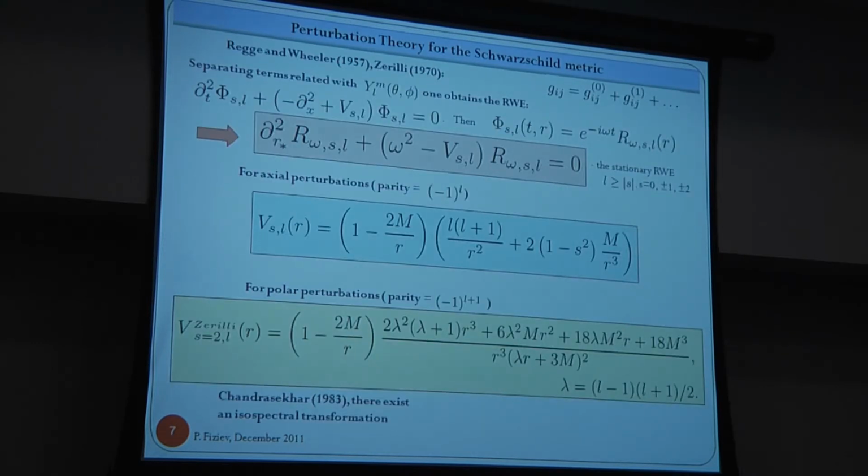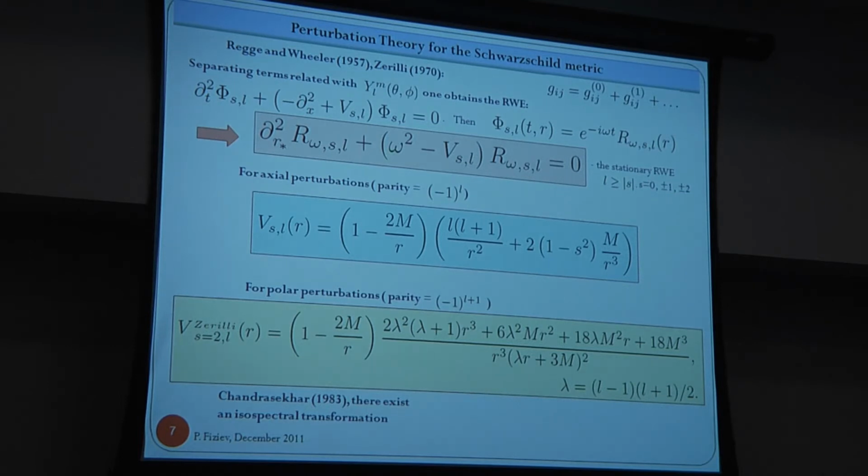Quasi-normal modes were introduced for the first time in the classical paper by Regge-Wheeler, with the famous Regge-Wheeler radial equation. Actually, they were considering first-order perturbations of the metric. And in the Schwarzschild metric, which is spherically symmetrical, you can separate the multiplier which depends on the angles, and we obtain the radial equation with some well-known potential.